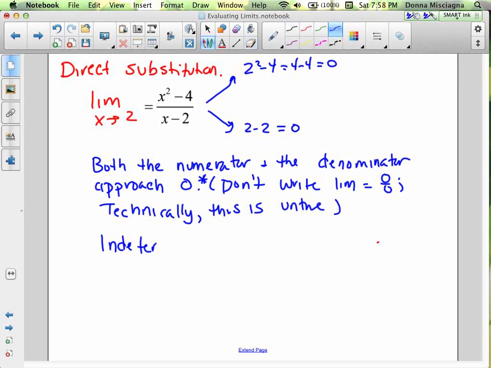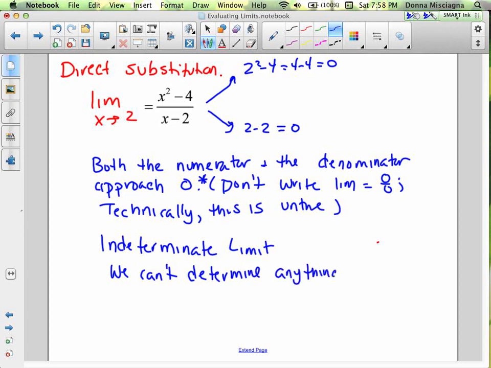Indeterminate limit. And basically what that means is we can't determine anything about the limit from our answer.